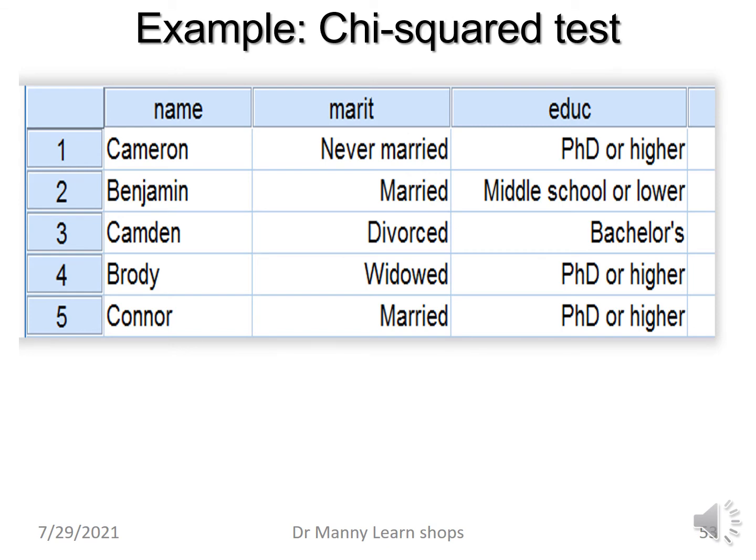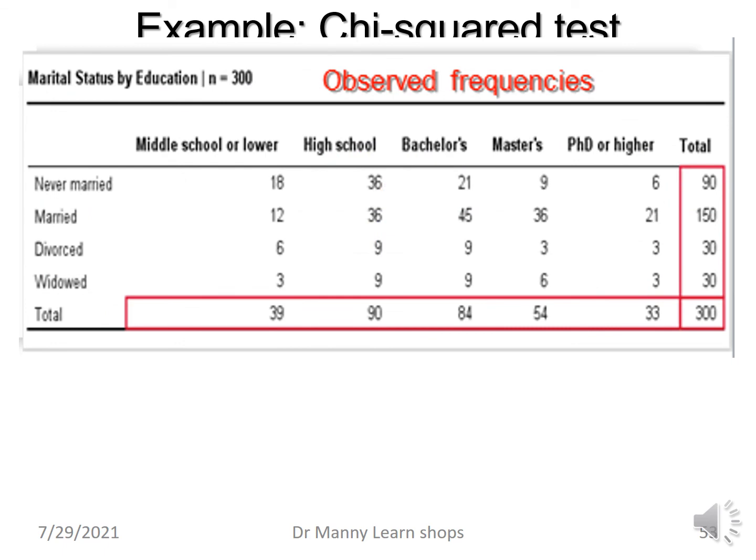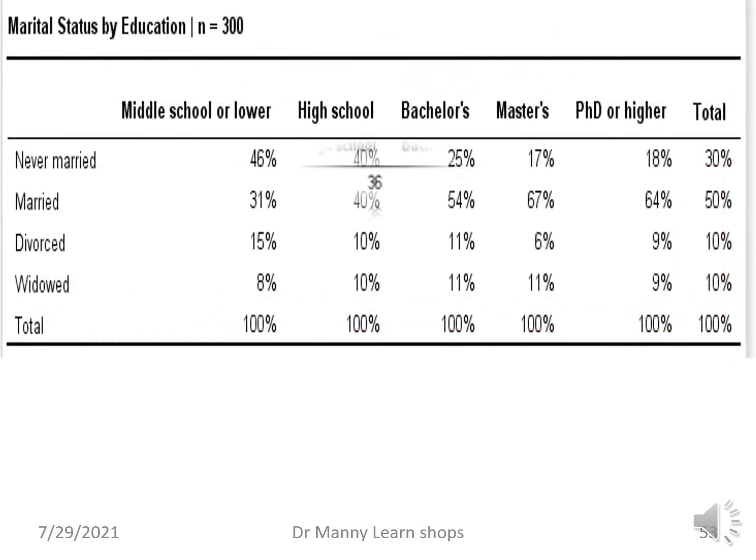In this example, you've got your sample, their marital status, and their educational status. The observed frequencies are located there in relation to school level and whether they're married, divorced, widowed, or never married. You've got your percentages.